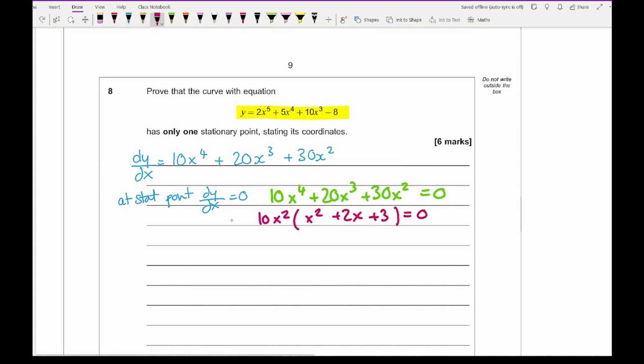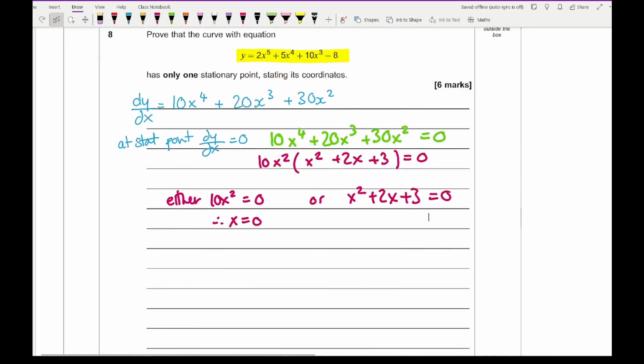So therefore either 10x squared equals 0, in which x equals 0, or x squared plus 2x plus 3 equals 0. Now if I then just go on and use the discriminants, or you could use the quadratic formula, but either which way, make sure you're showing some working out.